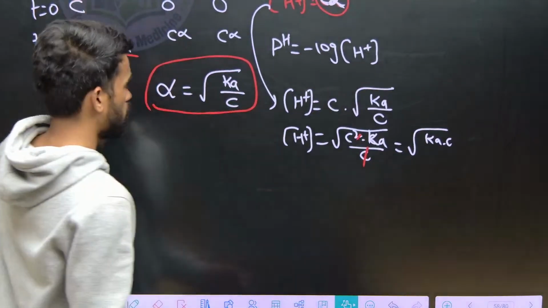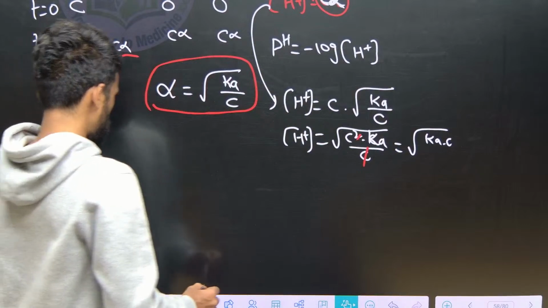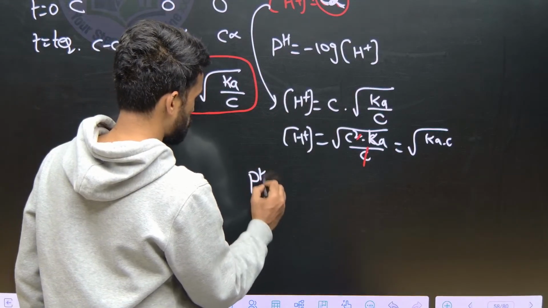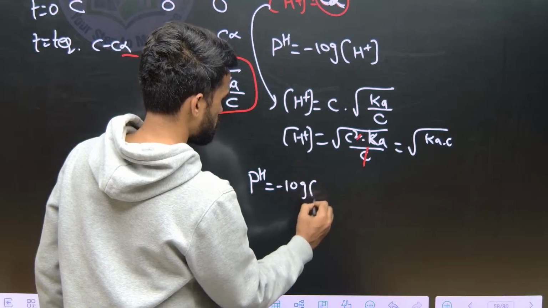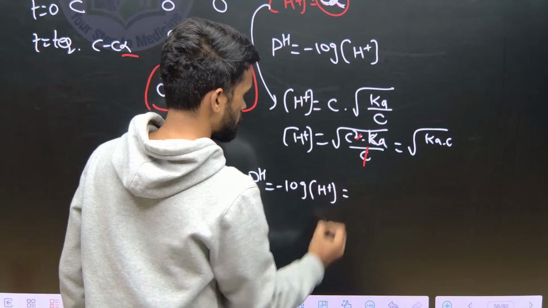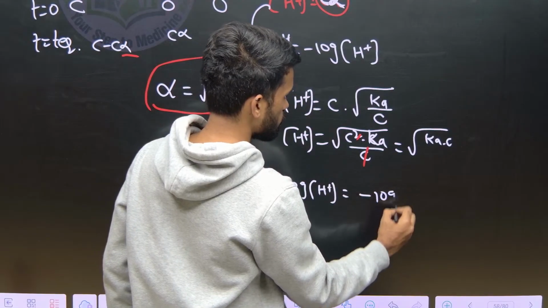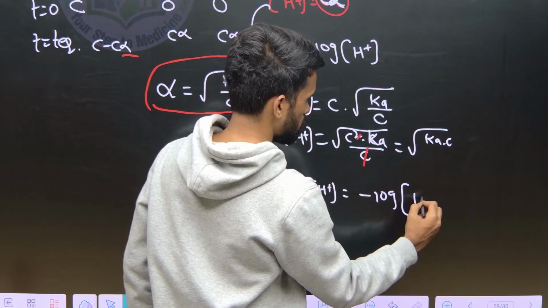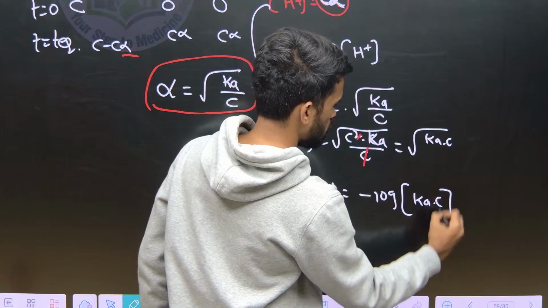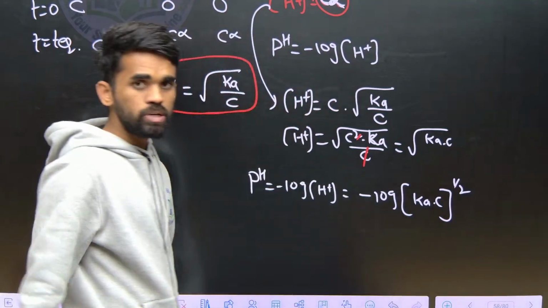Now, I want the pH. pH equals minus log of H plus ion, which is nothing but, applying minus log on this side also, minus log of Ka into C power 1 by 2. The root I can write as 1 by 2.